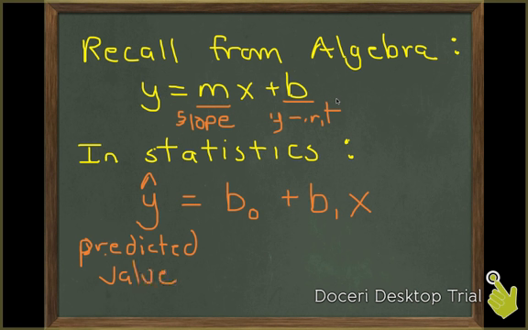x is our independent variable. b sub 1 is how the y value changes in response to x, and b sub 0 is like our y-intercept. That's what happens when our x value is 0.